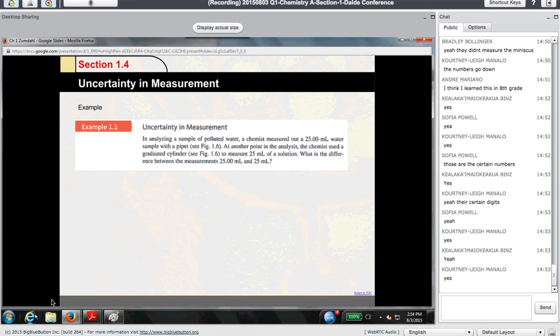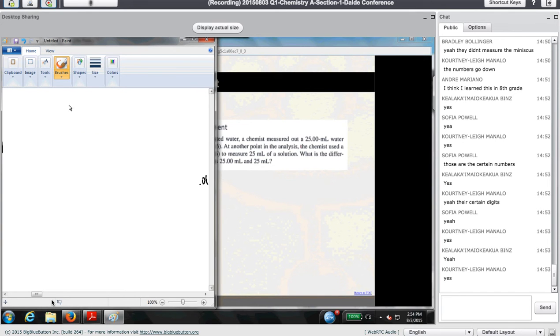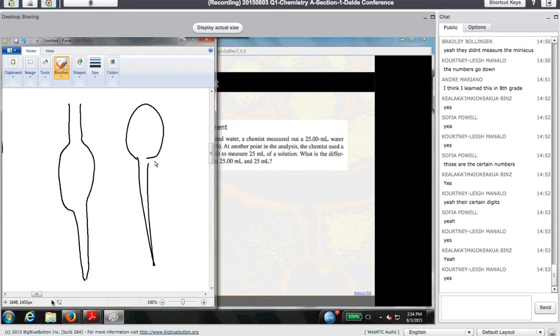A pipette looks like this. I didn't put the figure over here. I like pipettes. You just have water in it, and you try to measure out a line. A pipette sometimes looks like this, or there's the automatic one, the clicky one.